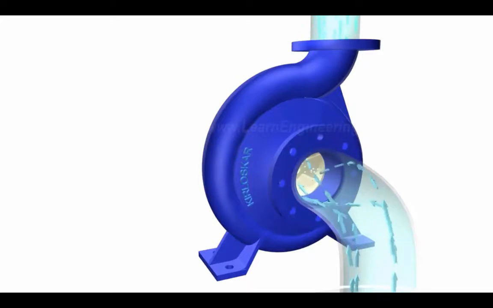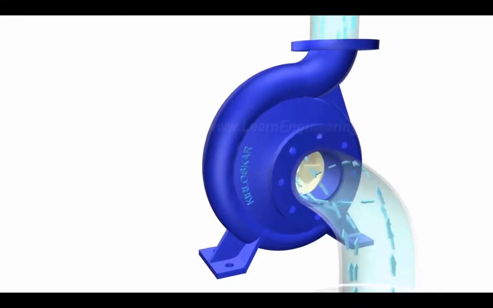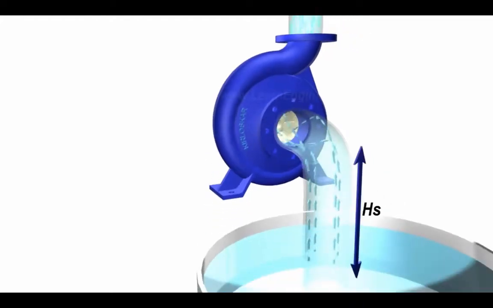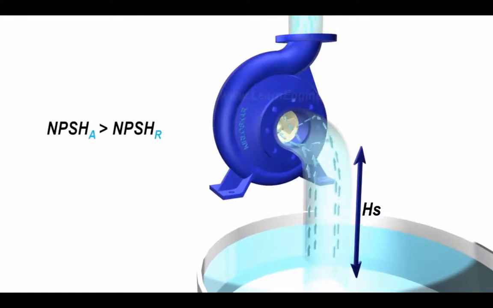Water will start to boil, forming vapor bubbles and spoil impeller materials over time. This phenomenon is known as cavitation. More the suction head, lesser should be the pressure at suction side to lift water. This fact puts a limit to maximum suction head a pump can have. Careful pump selection is required to avoid problem of cavitation.